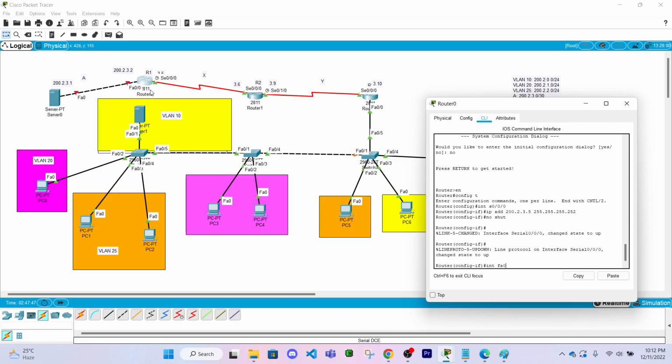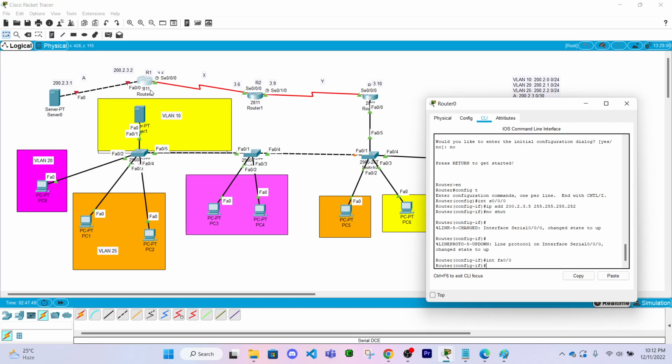So FA 0/0. Enter, then IP address, and here we write the IP address 200.2.3.5. Enter, 255.255.255.252.